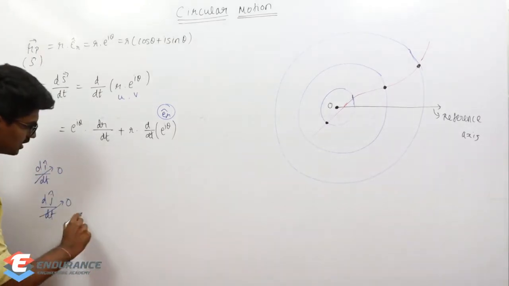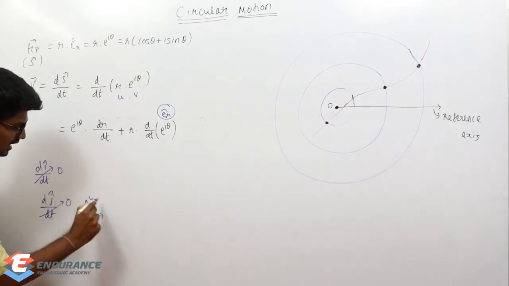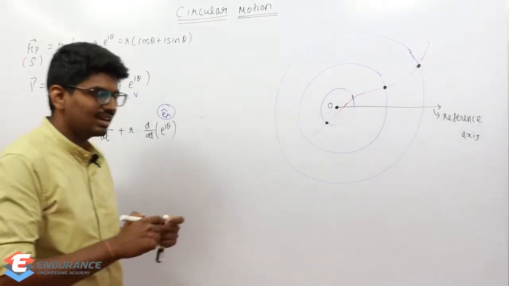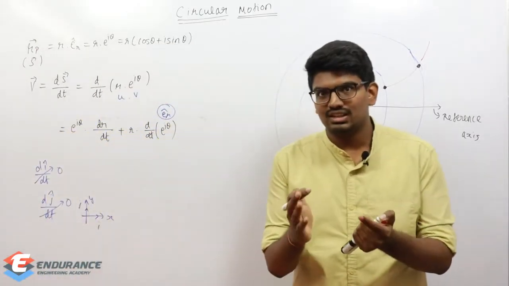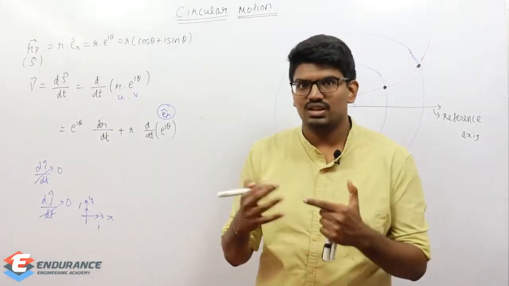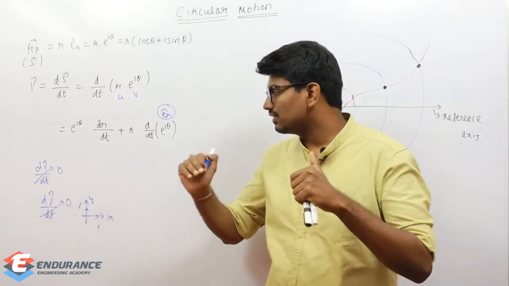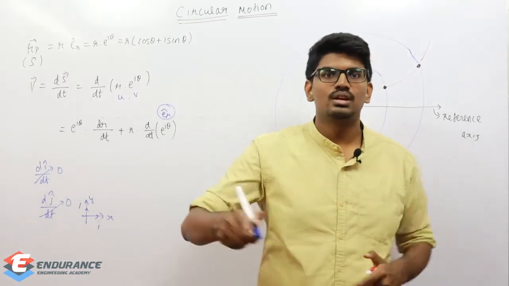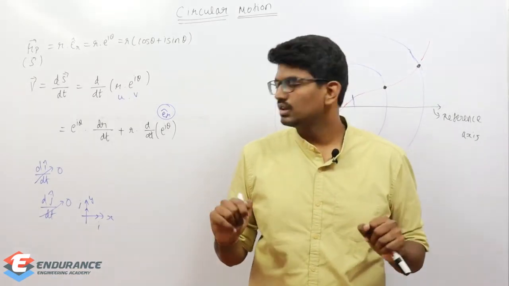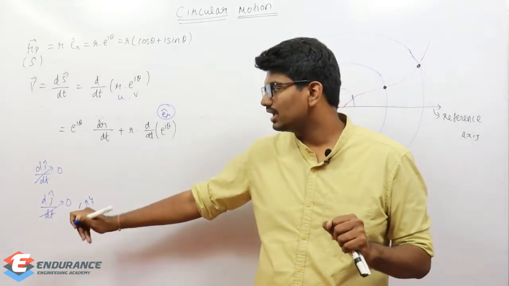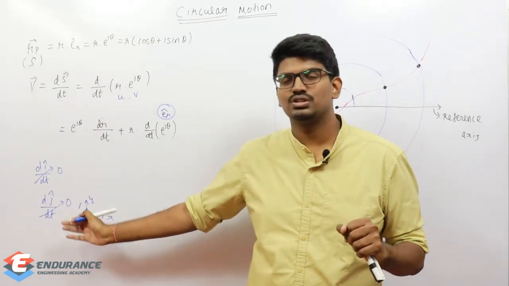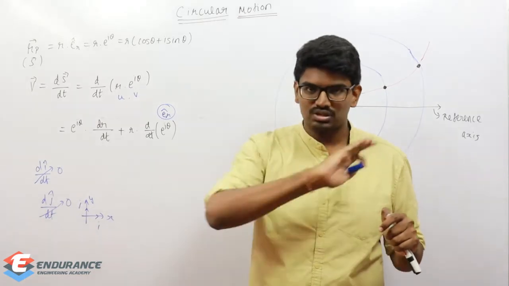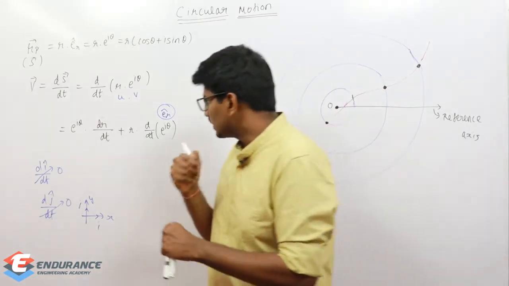If this is the x-axis and this is the y-axis, i cap and j cap are both invariant. Even if the particle's position varies, the i vector and j vector are invariant and independent of the position of the particle. Am I right? So i and j are not going to vary with respect to position, and so with respect to time also, they are not going to vary.